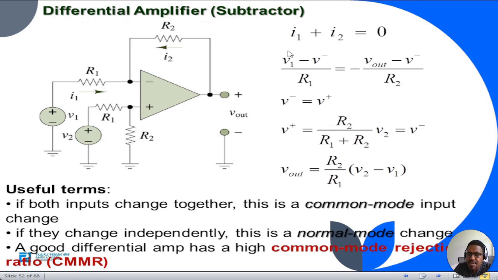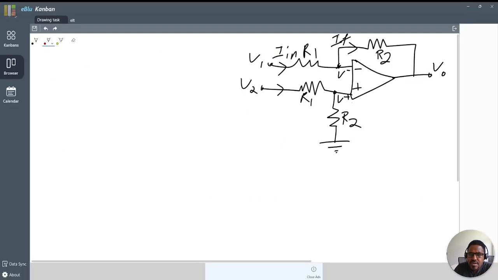When you simplify this KCL to find V out, let's see. Our inputs are two different voltages. One is V1 to the inverting input, and the other, V2, is to the non-inverting input. So what about V out? How to get V out?